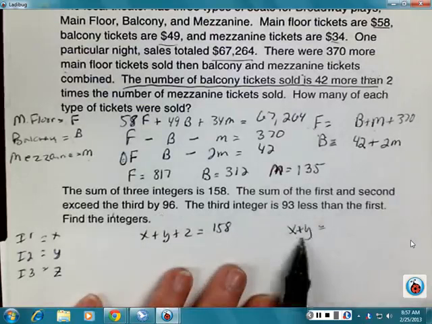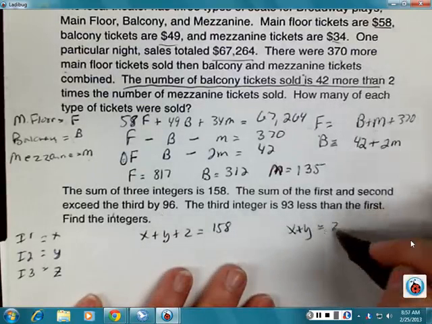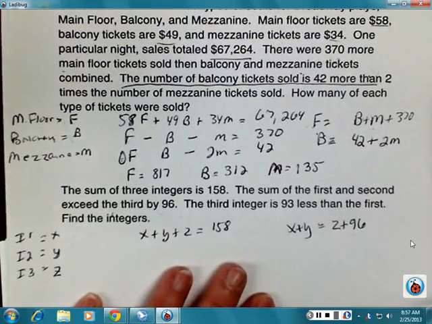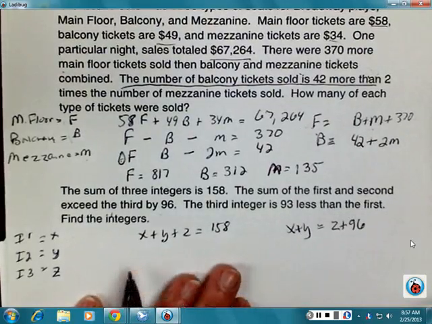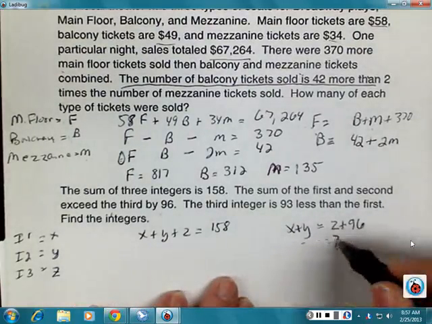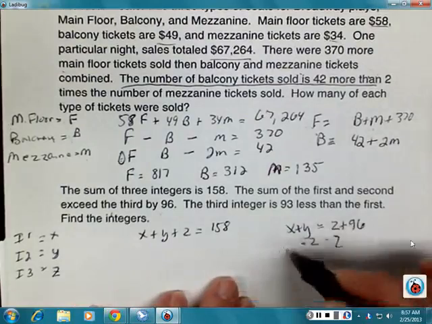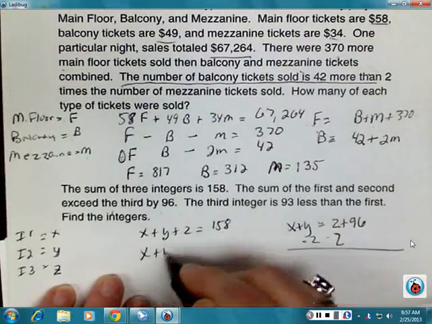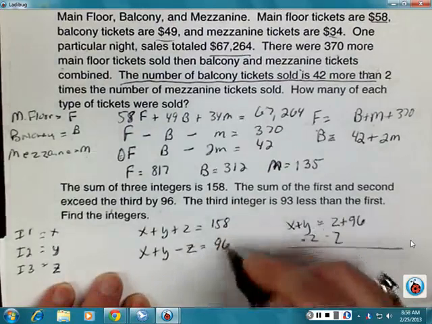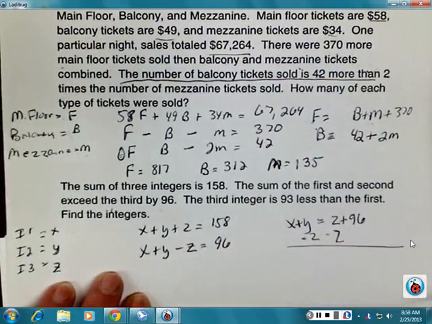So if I add these two together, they're going to equal z plus 96. We okay with that part? Okay. Now how do I get it under here though? I would have to minus a z from each part. So that leaves me with x plus y minus z is equal to 96. So that's that part.